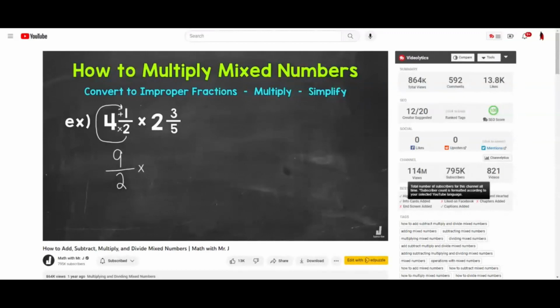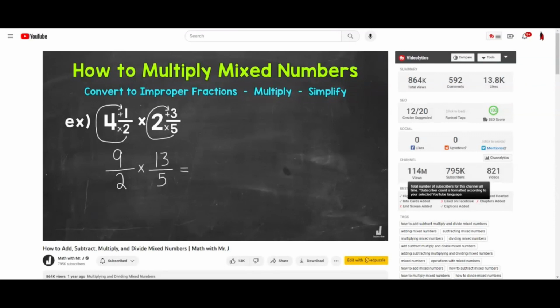Let's bring our multiplication sign down and then convert our other mixed number. So we multiply, then add. So 5 times 2 is 10, plus 3 gives us 13. That's our numerator. And then keep our denominator of 5 the same. Once we have our mixed numbers converted to improper fractions, we can multiply straight across.